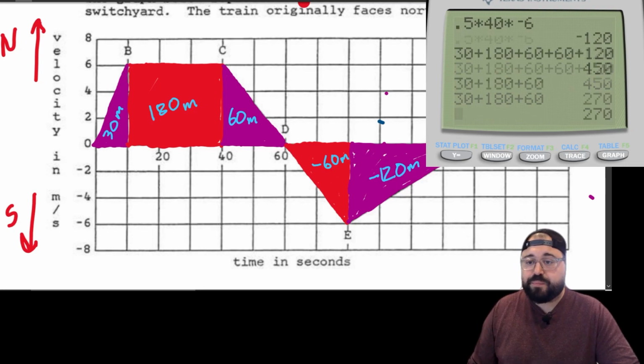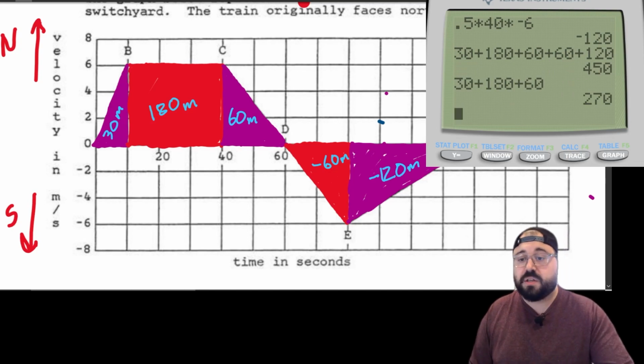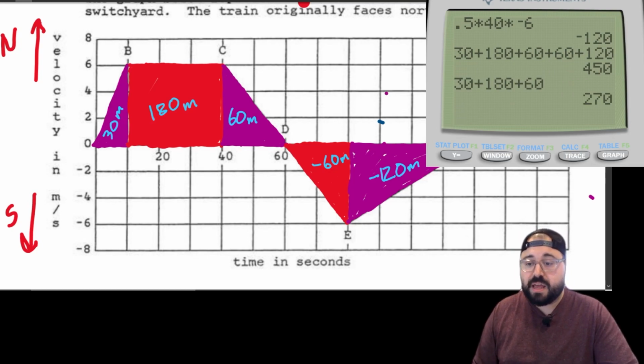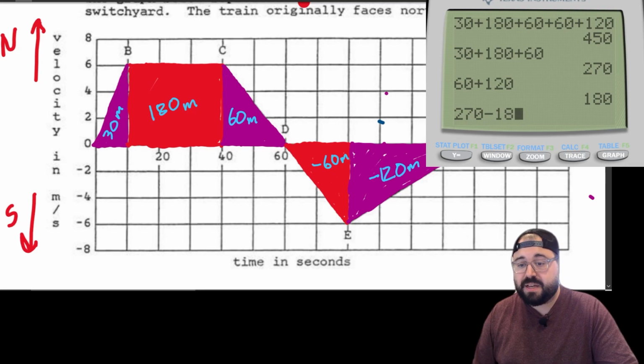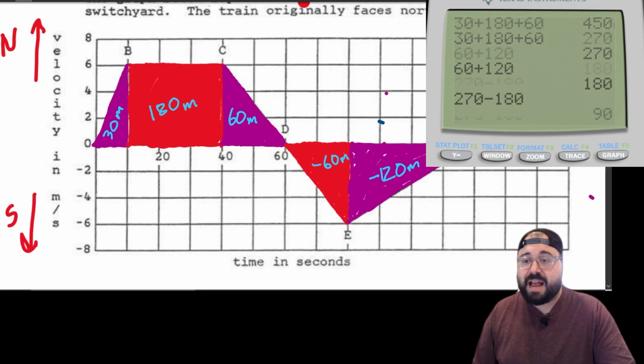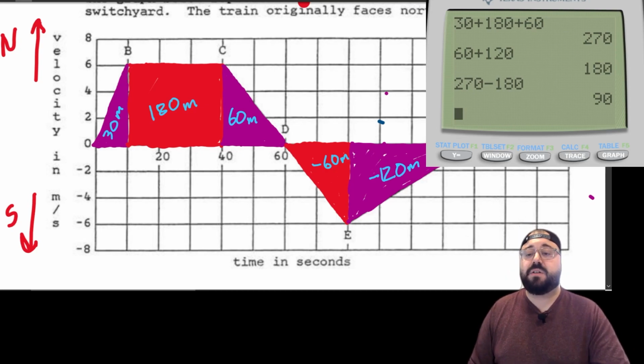So if I do that, I'll know this train went 270 meters north, because those are all of the distances we went north. And then we have 60 plus 120, 180 meters south. So I could say, hey, I went 270 meters total north minus 180 meters where I was going south, and now we're looking at 90 meters. And we got a positive answer, so we know it's north.